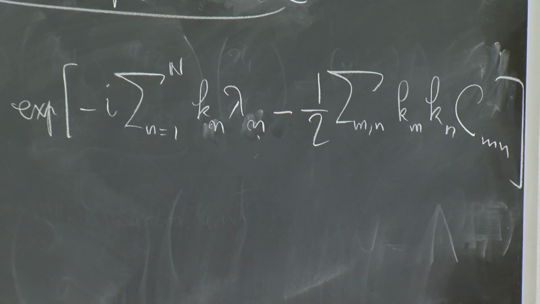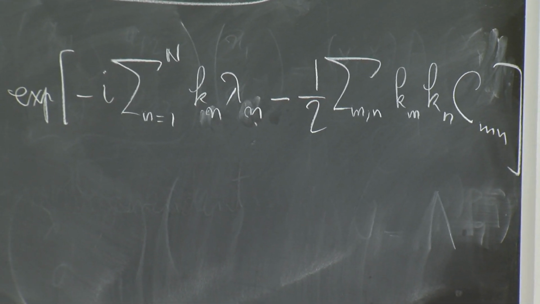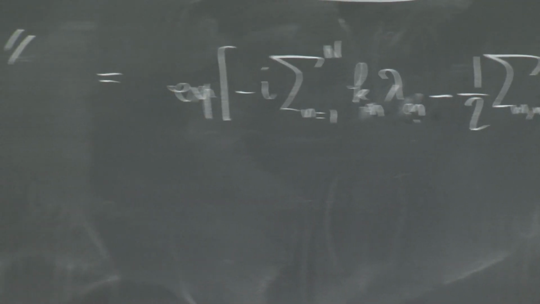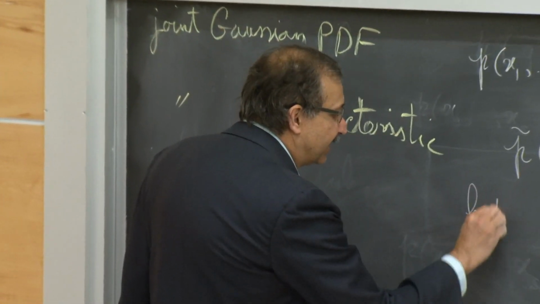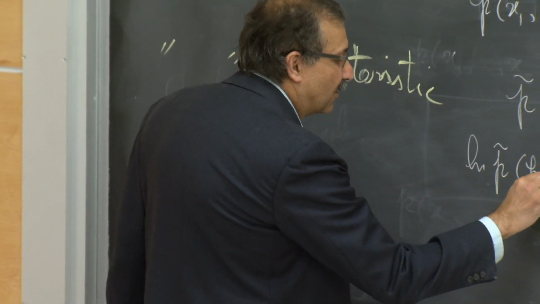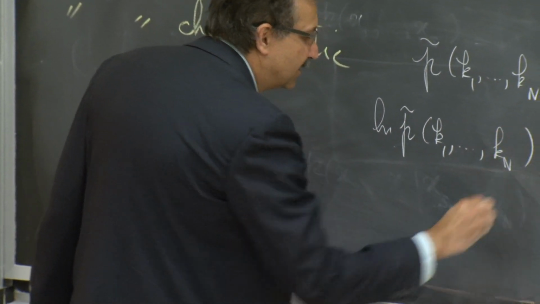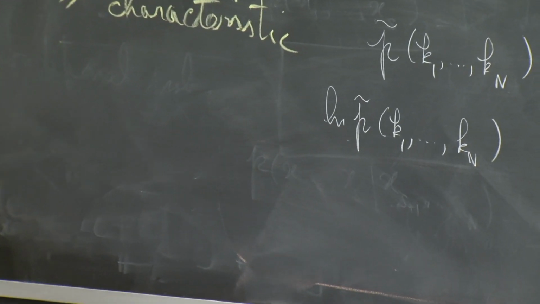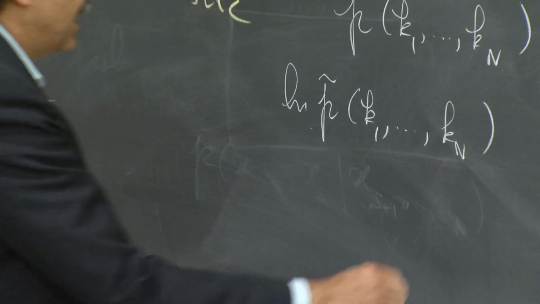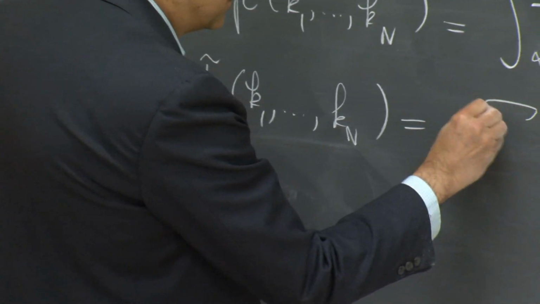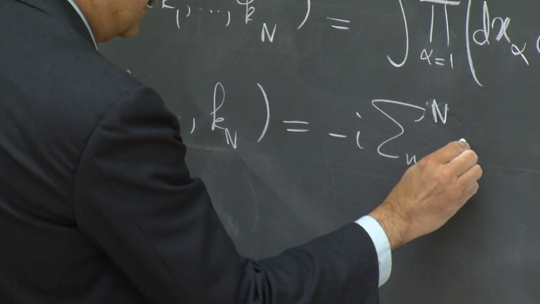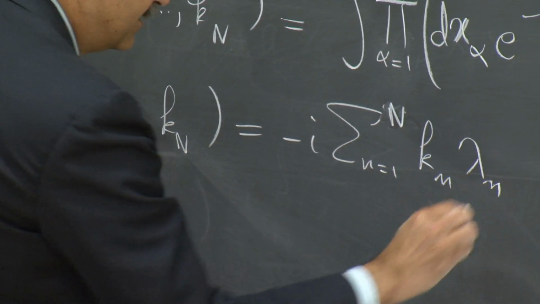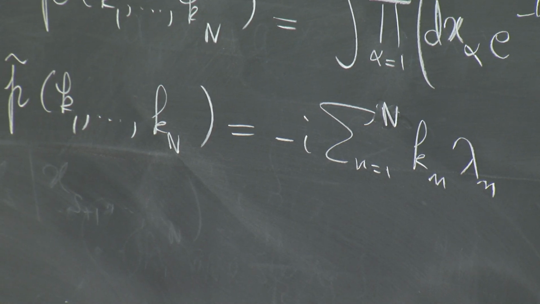So I will leave you to do the corresponding linear algebra here, but the answer is correct. The generator of cumulants for a joint Gaussian distribution has a form which has a bunch of linear terms, k_n lambda_n, and a bunch of second order terms.